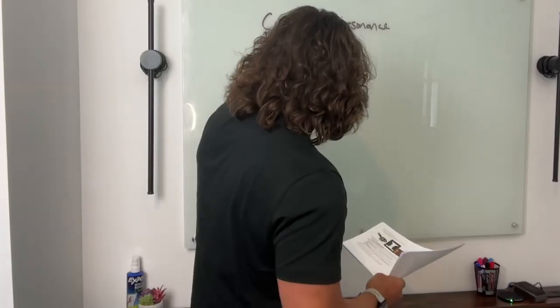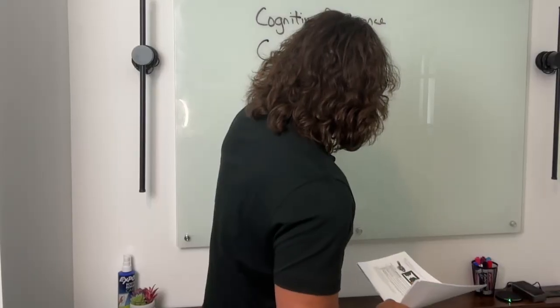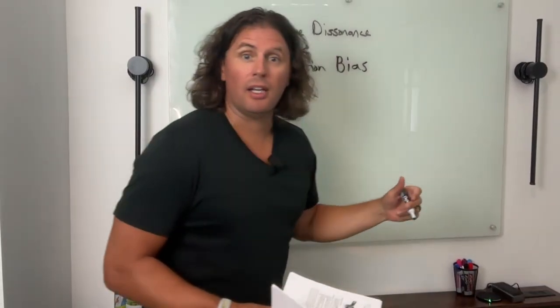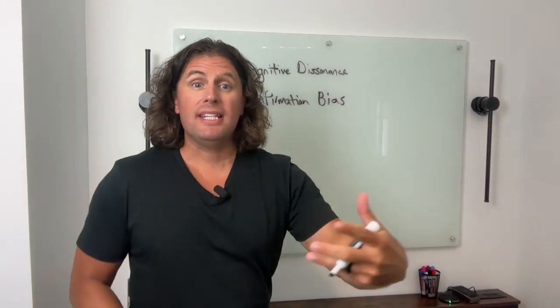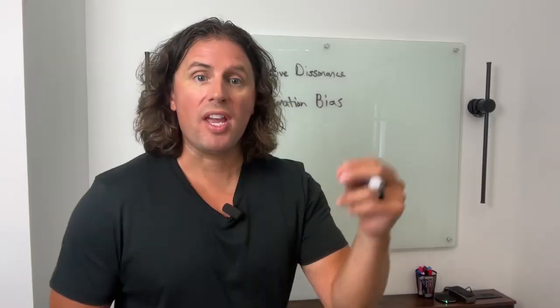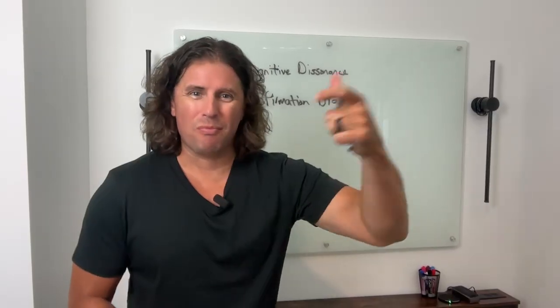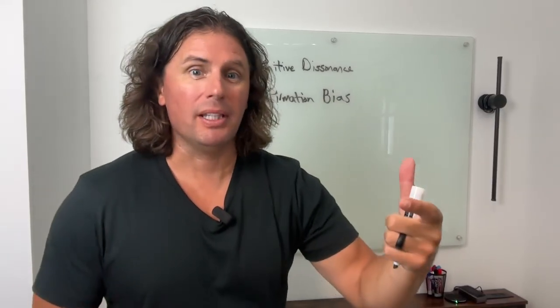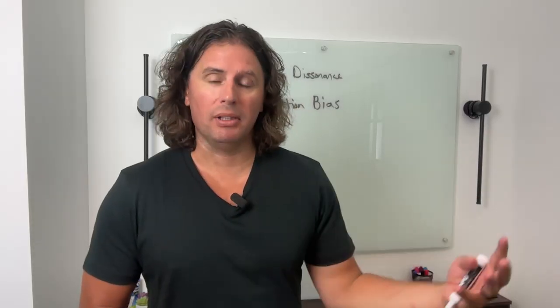Confirmation bias, you might have heard this before, and we definitely see this in the world around us. Confirmation bias is that we seek out information that confirms what we already believe, and it emboldens us to believe more about our beliefs. Now, I want you to think about finding information that is consistent with what you already believe.